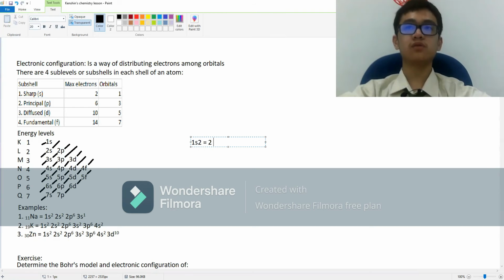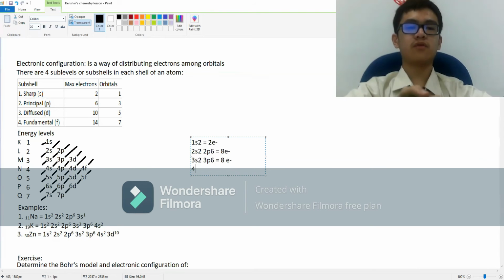Alright, and then now for Kalium, let's see. 1s2 is 2 electrons. Then 2s2 and 2p6 with 8 electrons. And then 3s2 and 3p6, which means another 8 electrons.